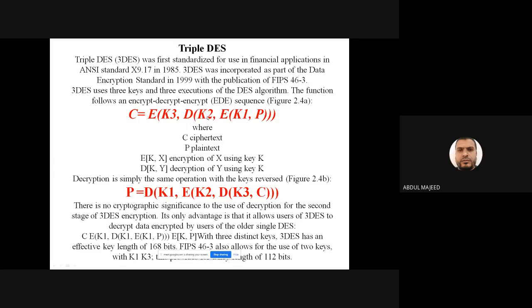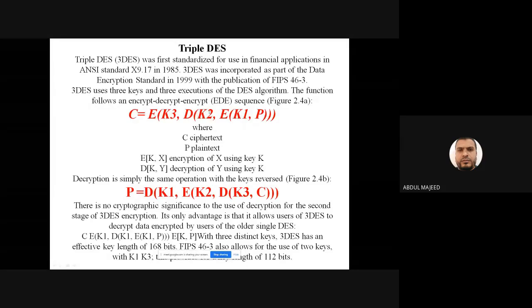But here the key is different. So decryption will not generate P as it is. Why is it not generating P? We encrypt P and get the ciphertext. If you decrypt that ciphertext, you should get P, but you will not get the same result because the key is different.